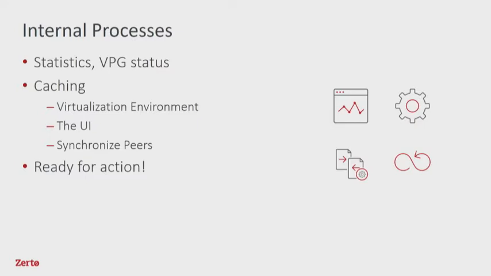By doing that, this is the key enablement for us to provide the ability to operate the UI from either of the sites, so that you can operate the ZVM and see the same information from either of the sites. We're trying to be ready for action. But this is what happens in the background.